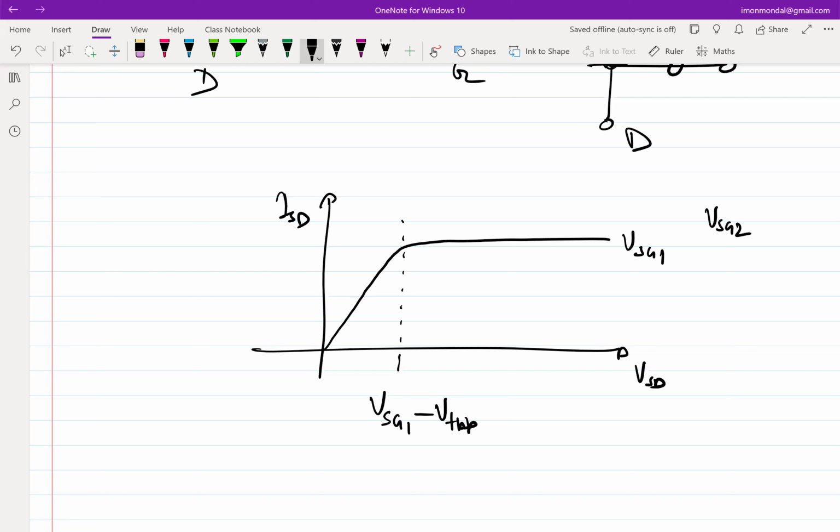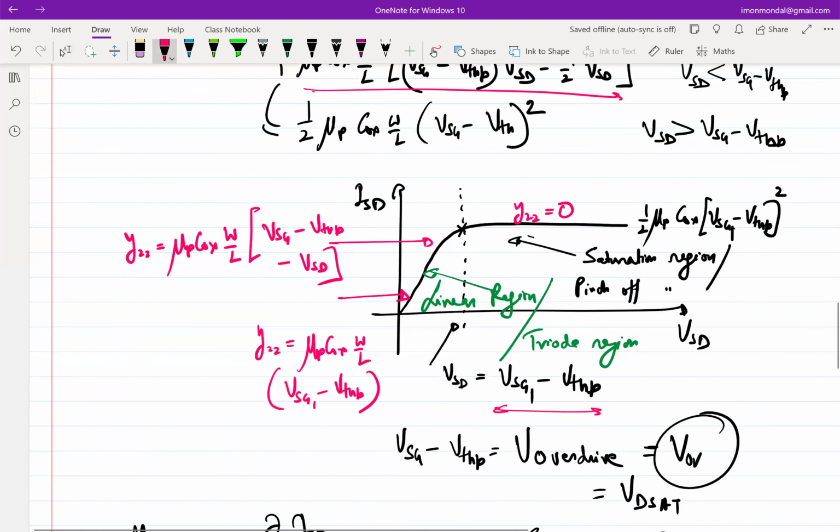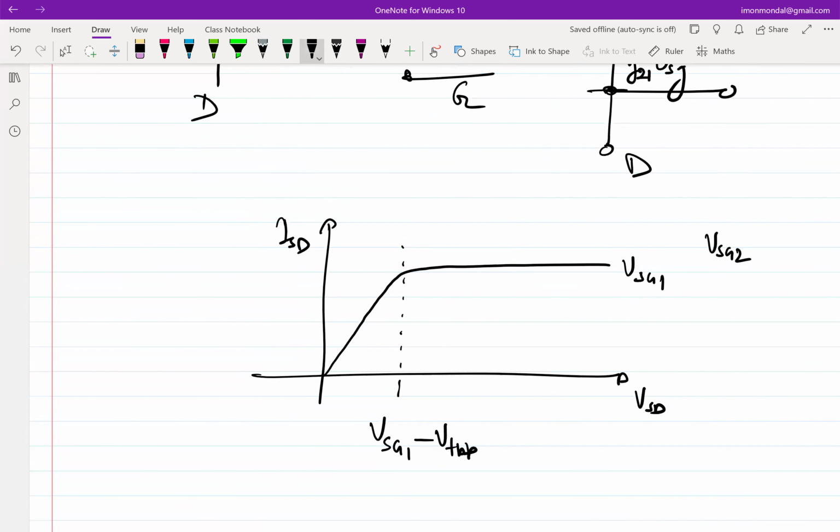everything will increase. At least we can start from the saturation region. The saturation region equation is simple: half mu P Cox times W by L times VSG minus VTP whole square. So if I increase VSG, naturally this plot is going to increase.